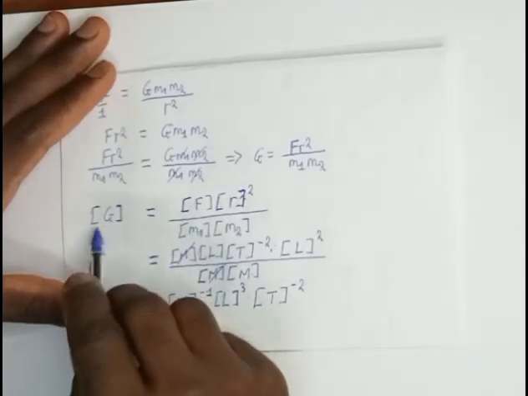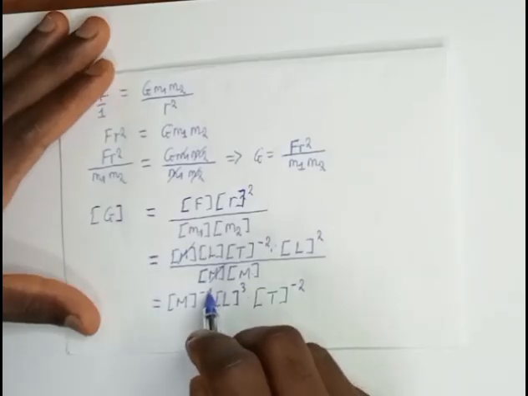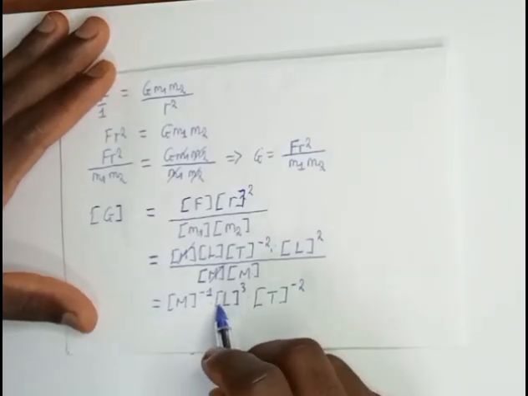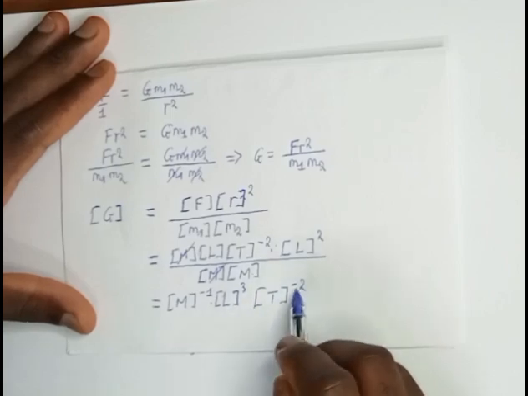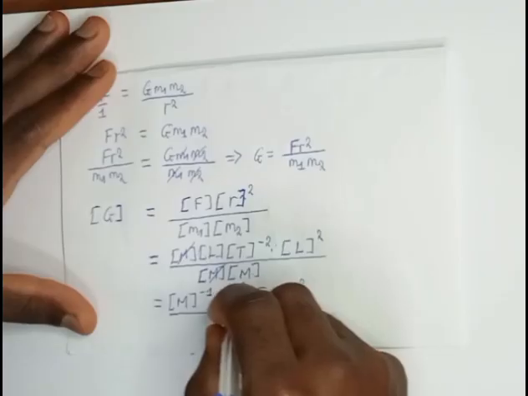Therefore, the dimension of G is simply M to the power negative 1 times L to the power 3 times T to the power negative 2.